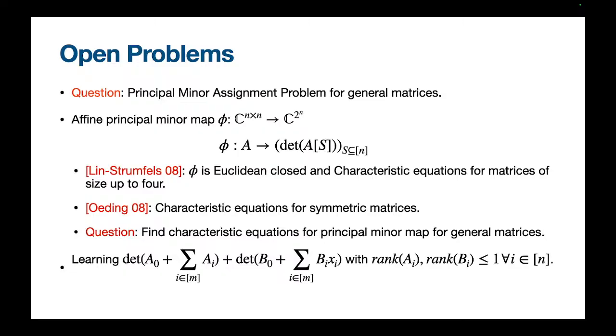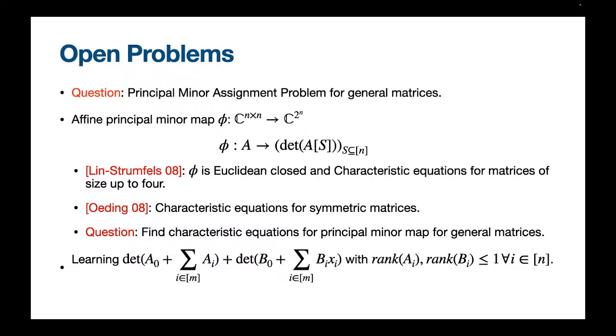The second problem is related to algebraic geometry. There is this principal minor map which takes as input n cross n matrices and maps them to a 2 raised to n dimensional vector, whose coordinates are all the principal minors.